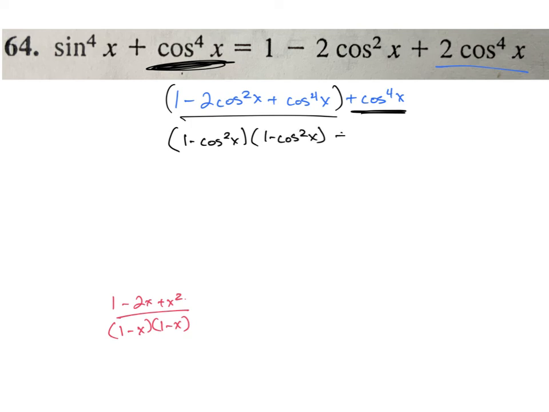Well, did you notice anything yet? 1 minus cosine squared is actually sine squared. So now I have sine squared times sine squared. And what is sine squared times sine squared? Sine to the fourth. So now I have sine to the fourth x plus cosine to the fourth x. And we're there.